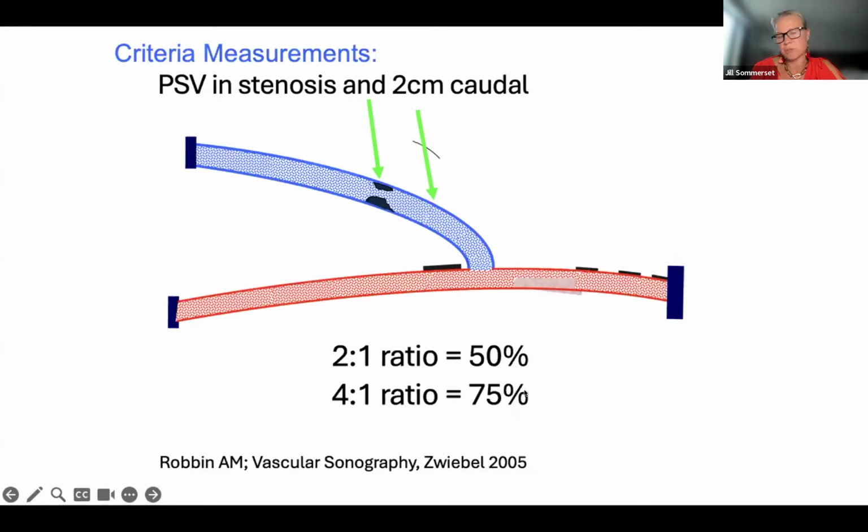If it's a 4-to-1 ratio, it's greater than 75. So if here's the anastomosis, I usually measure 2 centimeters beyond the anastomosis and take my flow volume here, proximally, and then I take another one. So I usually do 2 flow volumes in the fistula. Again, you can take it in the brachial artery inflow as well.